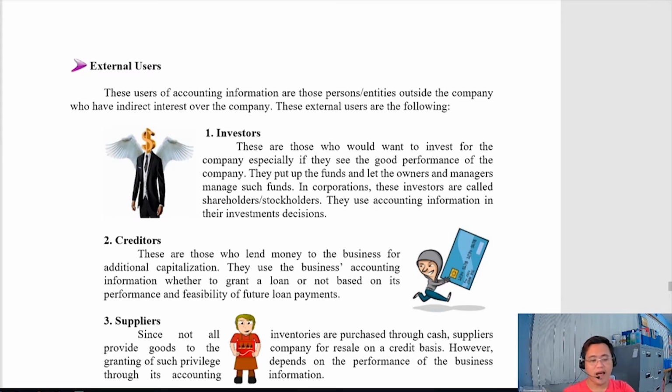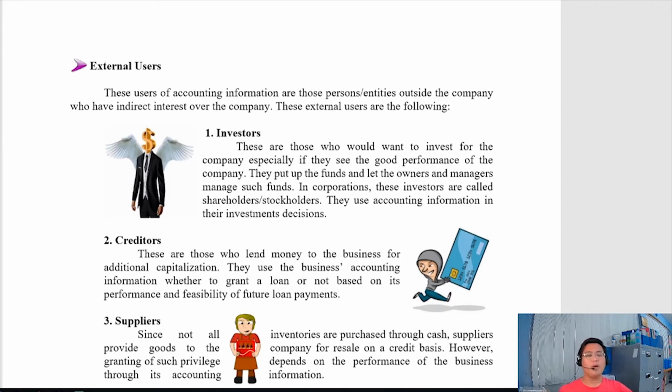Number three, suppliers. Since not all inventories are purchased through cash, suppliers provide goods to the company for resale on a credit basis. So there are times that we cannot afford to buy our supplies on cash basis. That's why we have to do it on credit, or in Bisaya and Filipino, it's utang. Okay?